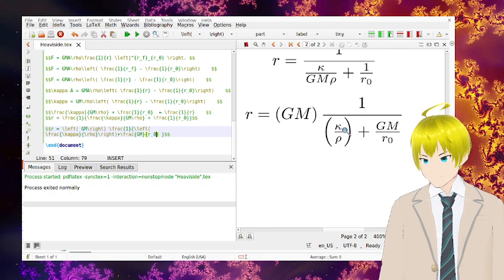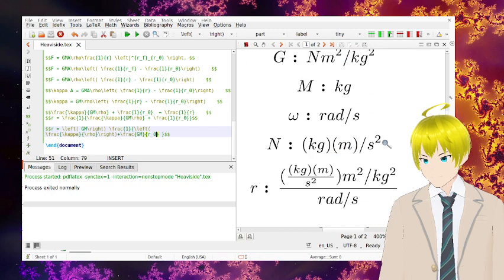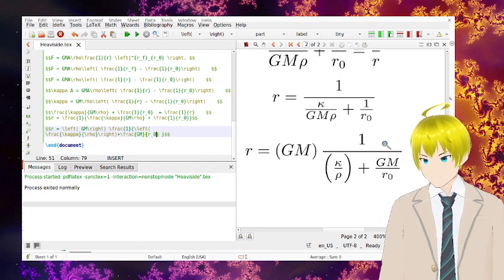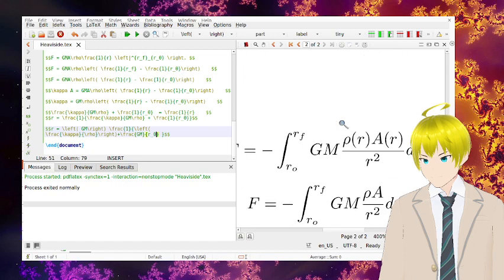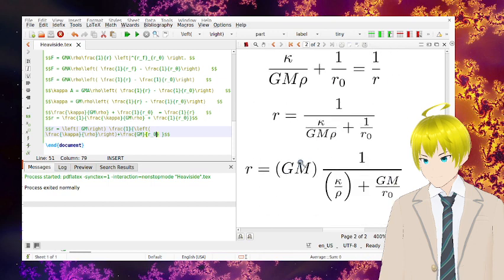So a newton is a kilogram meter per second squared. So it looks like the second squared cancels out. I believe the kilograms cancel out. Meters cubed. I think that it works, right? Because this meter squared cancels with the meter cubed to produce meters. So I think that this is the correct formula.